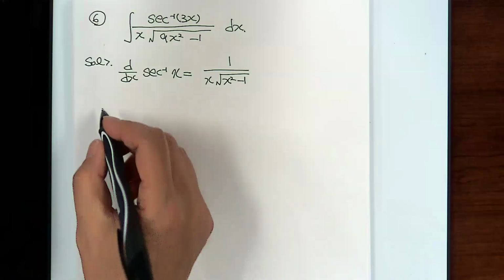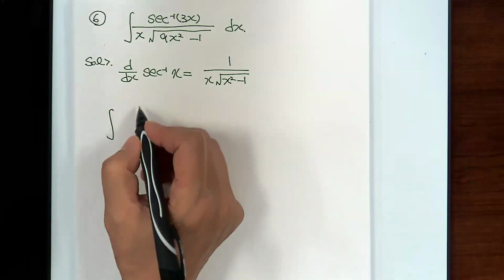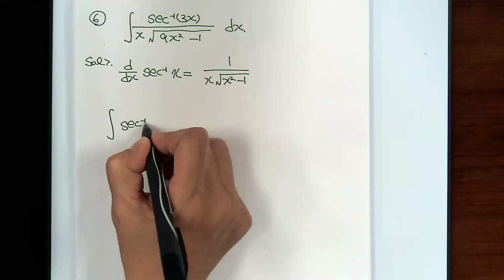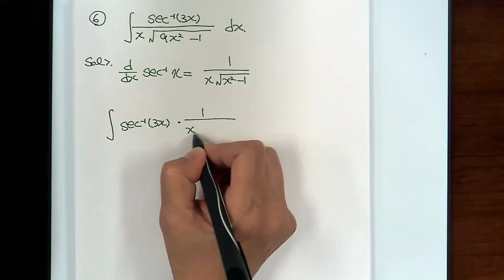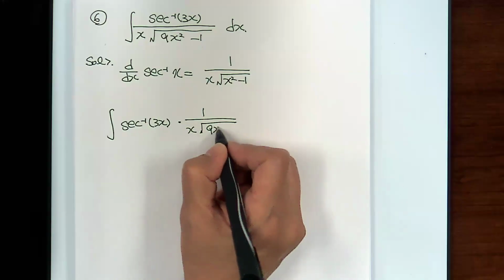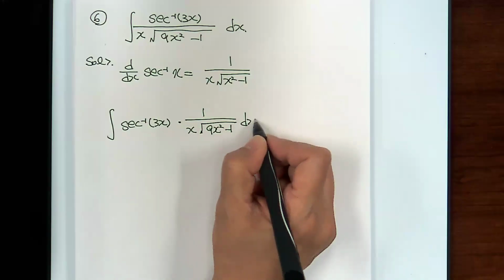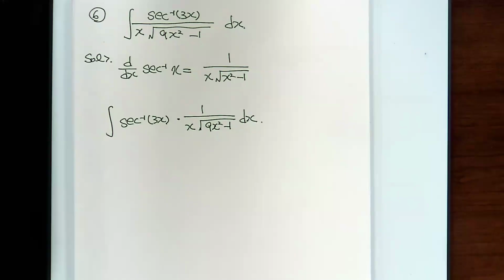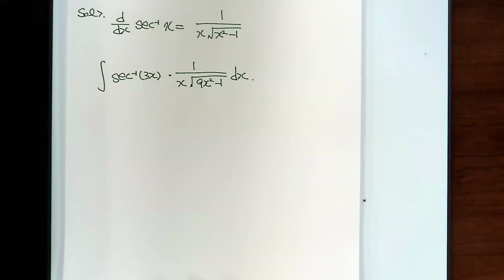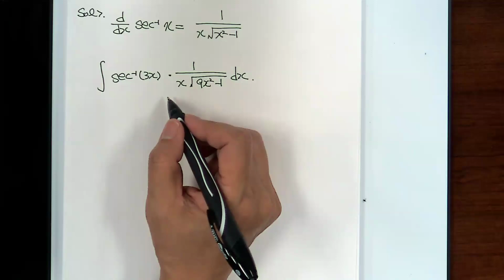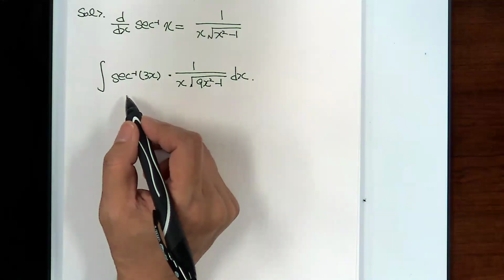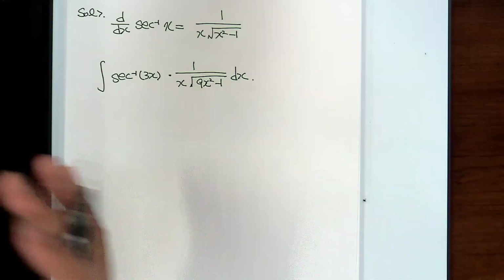So we write this given form as secant inverse of 3x times 1 over x square root of 9x squared minus 1 dx. It is the derivative of the first part up to a constant, right?